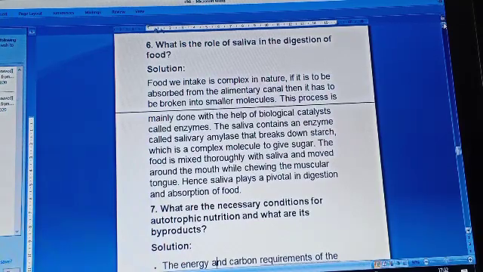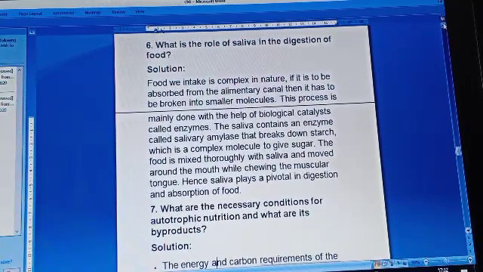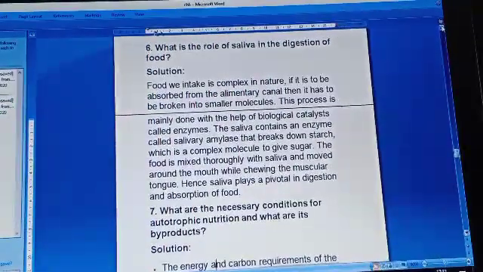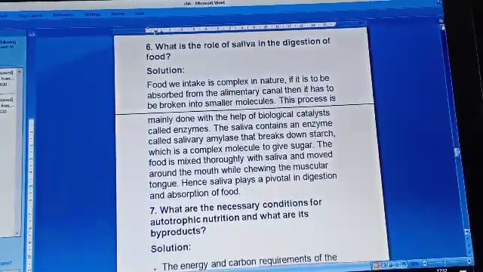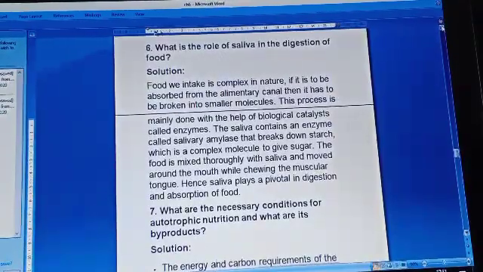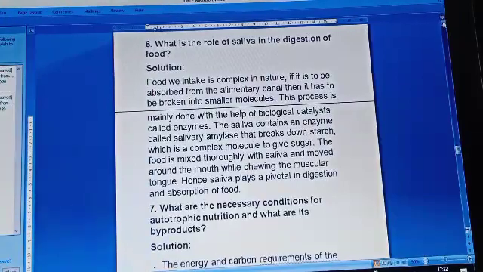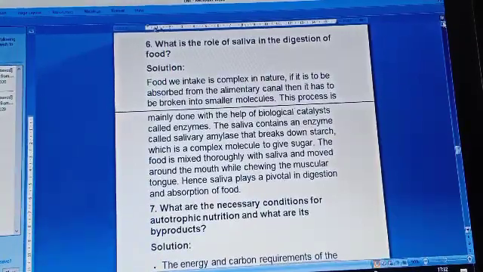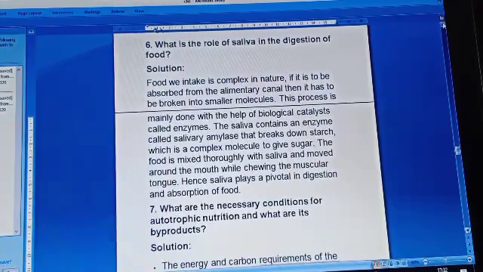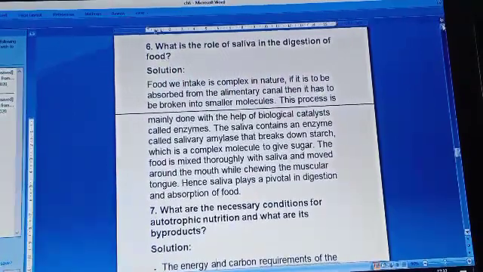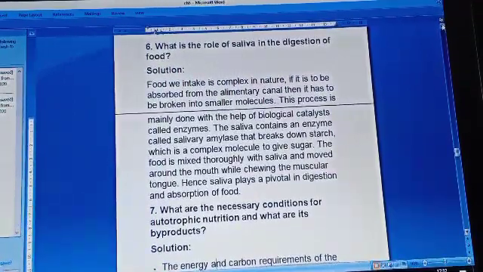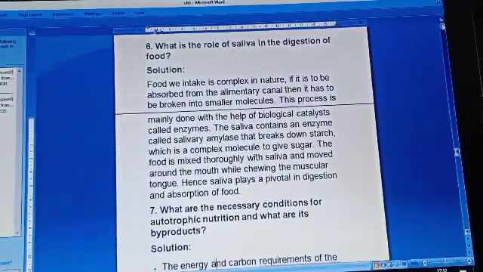This process is mainly done with the help of biological catalysts called enzymes. Saliva contains an enzyme named salivary amylase, whose main function is the breakdown of starch, or carbohydrate, into sugar molecules in the form of maltose.